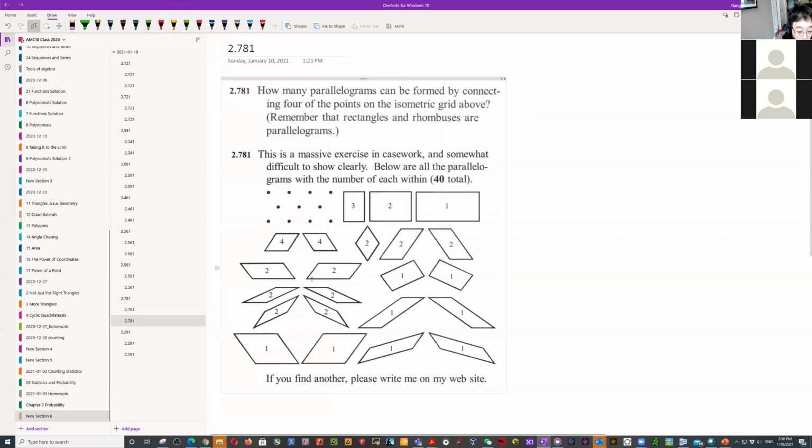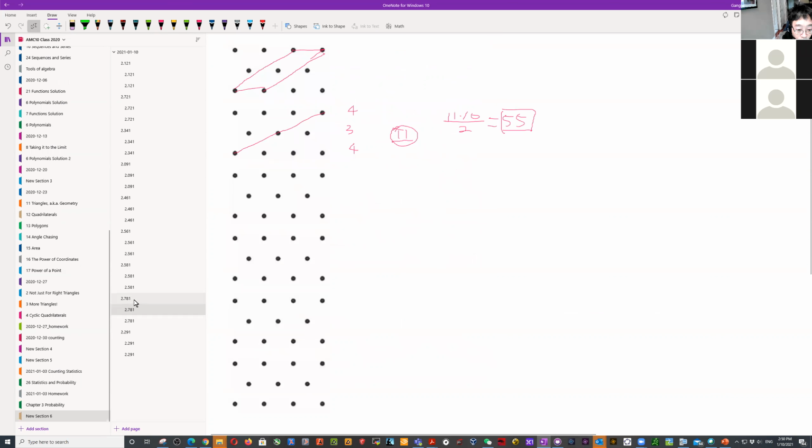So we can start from the length. One way is starting from the length. We can list all the possible lengths of those. So this is a length 1, and then this is a length 2, and then this is a 3.